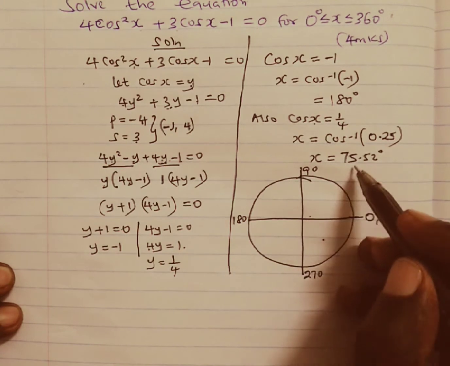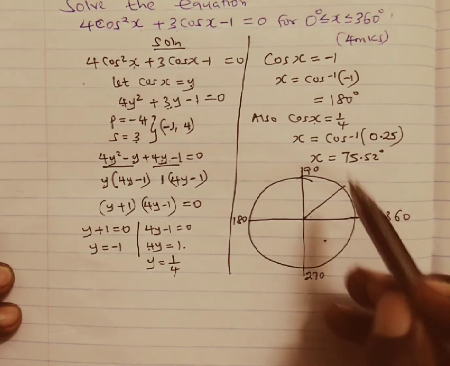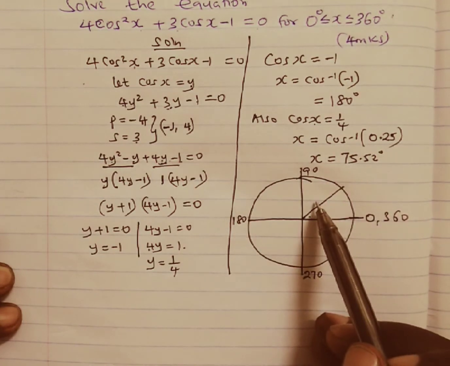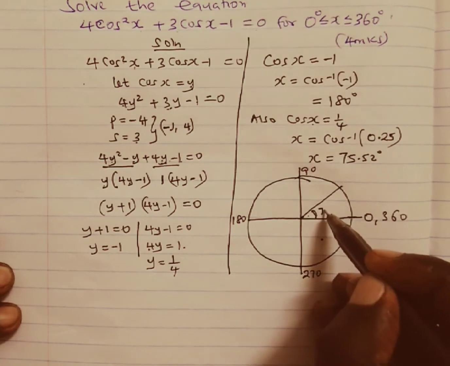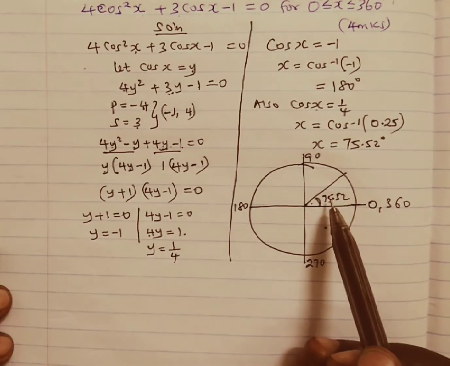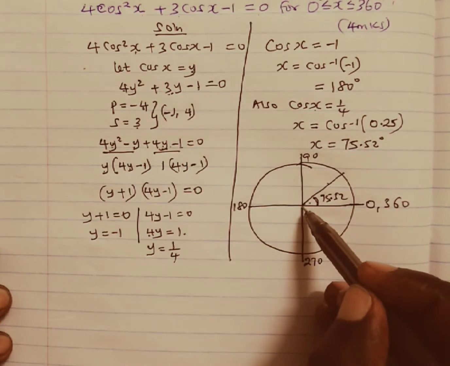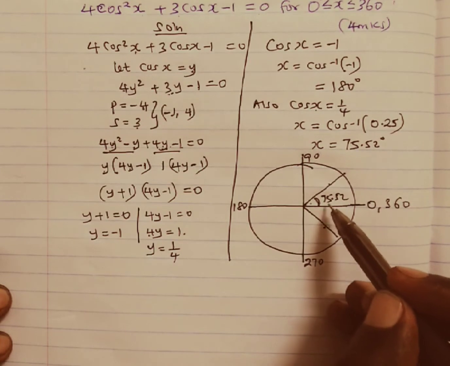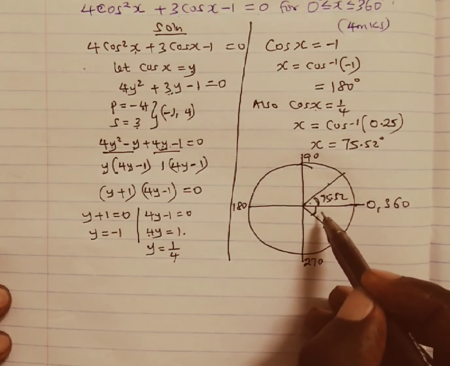We are going to measure 75.52 in the first quadrant since all the angles in the first quadrant are positive. So our angle here is 75.52. Since cos is positive in the fourth quadrant as well, we also measure 75.52 from the x-axis.